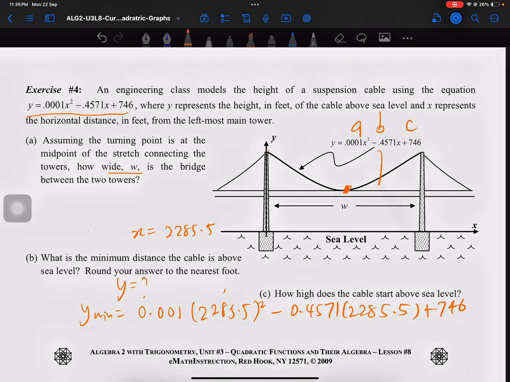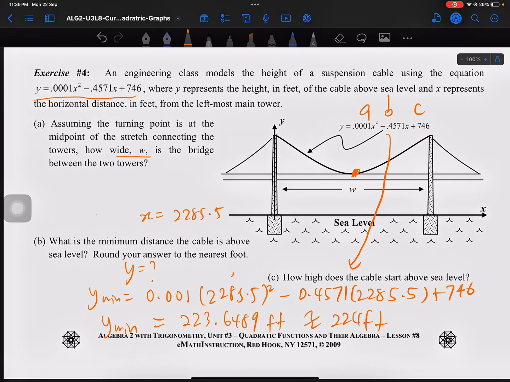This is our original equation. Then we will get y minimum is 223.6489 feet, which is 224 feet. Okay, this is our B.